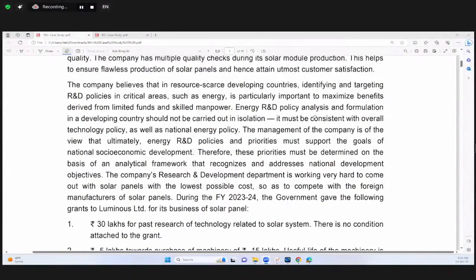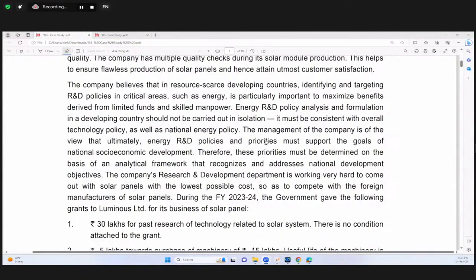Energy R&D policy analysis and formulation in a developing country should not be carried out in isolation. It must be consistent with overall technology policy as well as national energy policy. So management of the company is of the view that ultimately energy R&D policies and priorities must support the goals of the national socio-economic development.